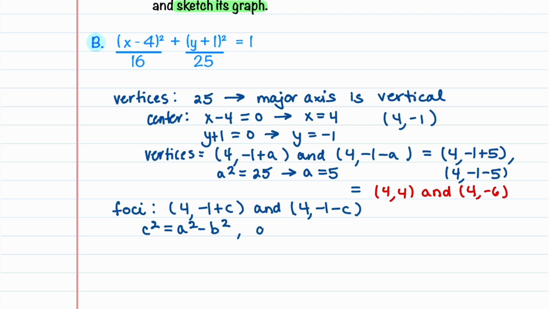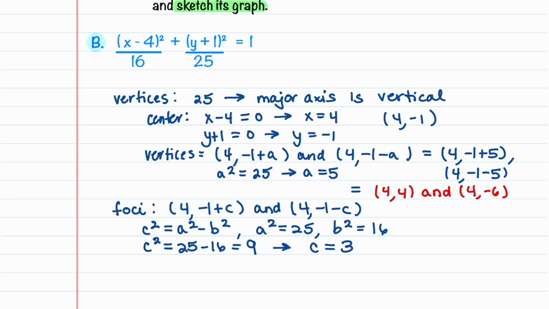Let's make a note that a squared was equal to 25, so that means b squared is our other constant, which is 16. Let's now plug these in. C squared is a squared, which is 25, minus 16. That is 9. That works out really nice. So that c is equal to 3.